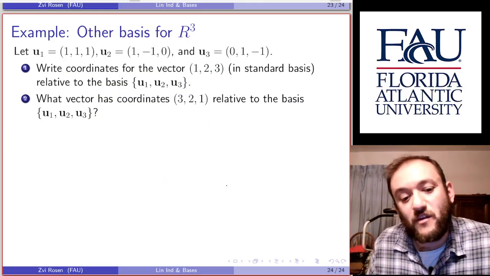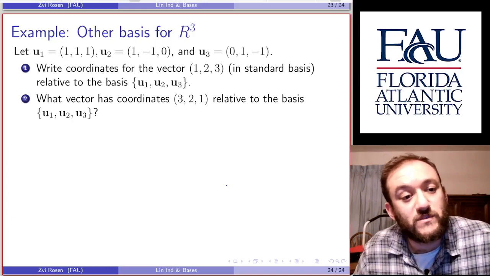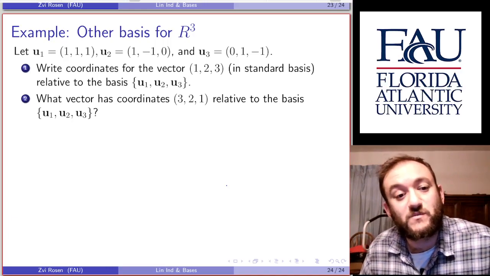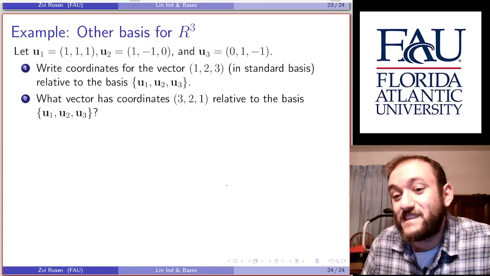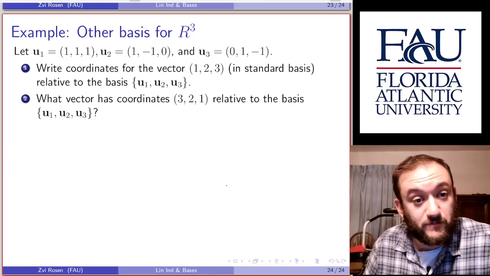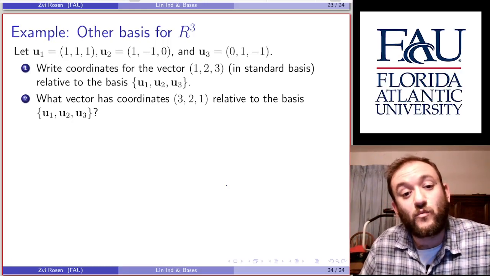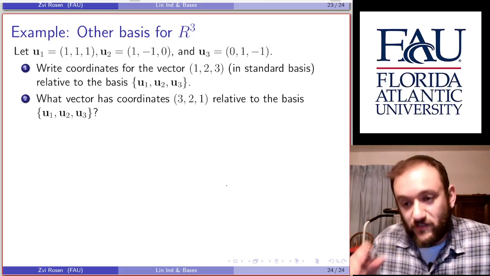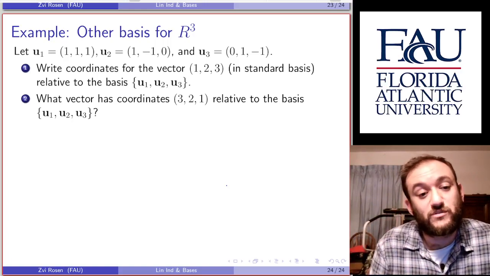But how about in another basis? So let's say we have u1 equals (1, 1, 1), u2 equals (1, -1, 0), and u3 equals (0, 1, -1). This is a basis of R3. So let's write coordinates for the vector (1, 2, 3), where that's the expression in the standard basis, relative to the basis u1, u2, u3.